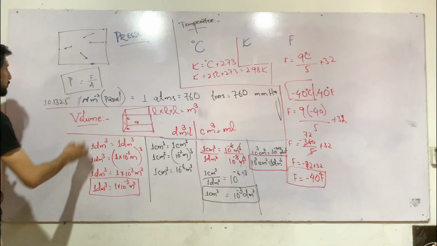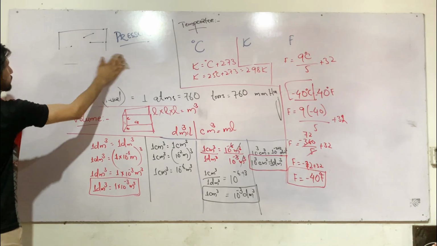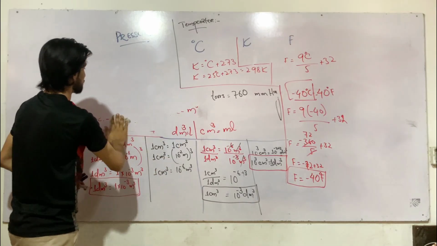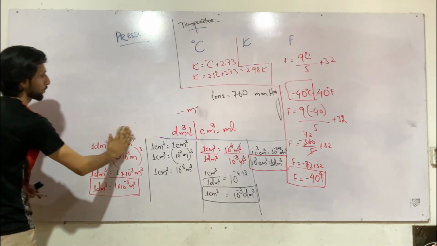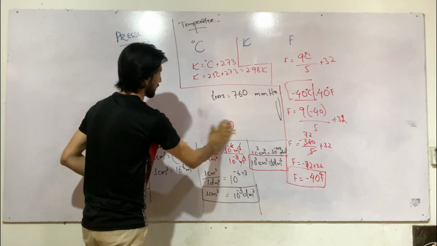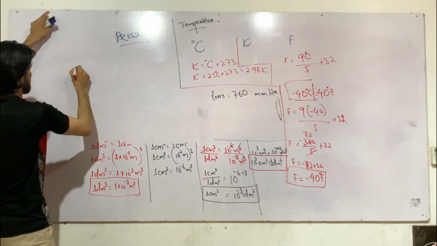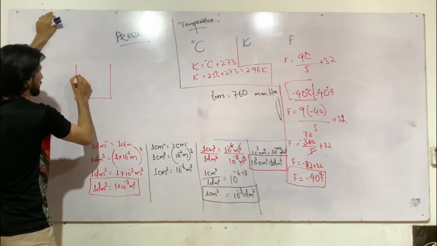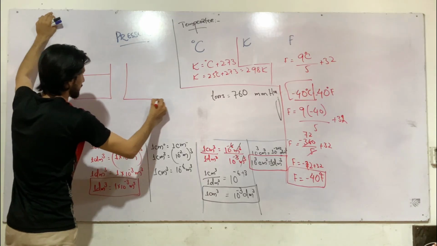What is the relation between the pressure of a gas and its volume? You might have observed this, and this was observed also by Boyle. We will come to Boyle later, but let's talk common sense, okay?